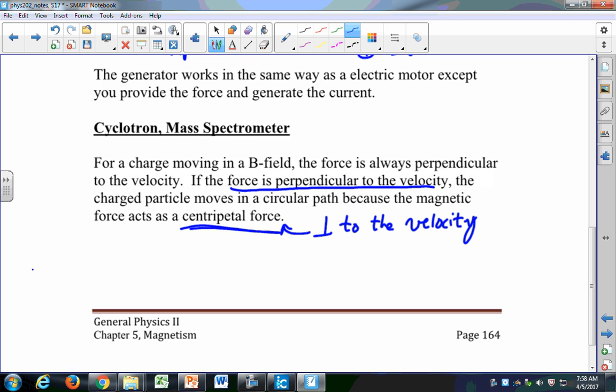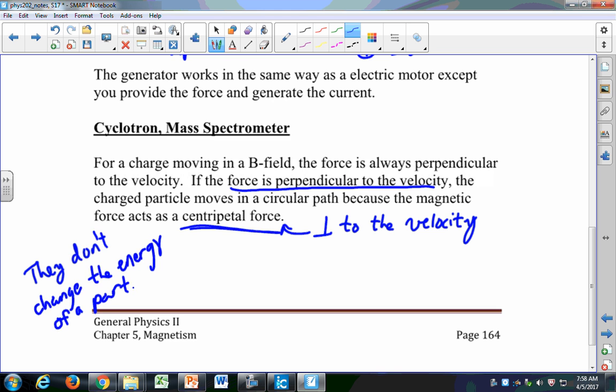As a result, they don't change the energy of a particle, only the direction. When I say they, I mean the magnetic forces. So F, I'll call it F sub B, the magnetic force, because it's centripetal force, doesn't change the energy of a particle. It only changes the direction of the velocity.